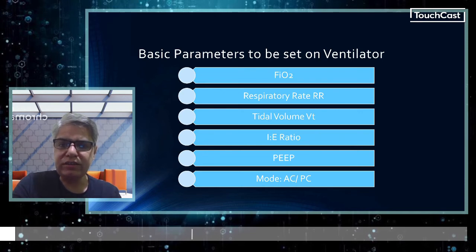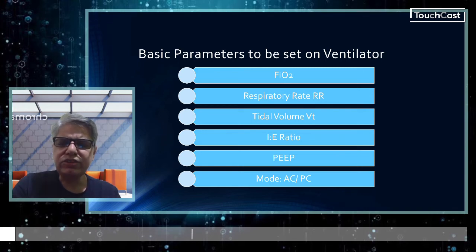So the machine is controlling all of the breaths, either by controlling the volume of the breaths, or by controlling the pressure of the breaths being given. So AC and PC are some of the common modes that are used in the beginning of mechanical ventilation.